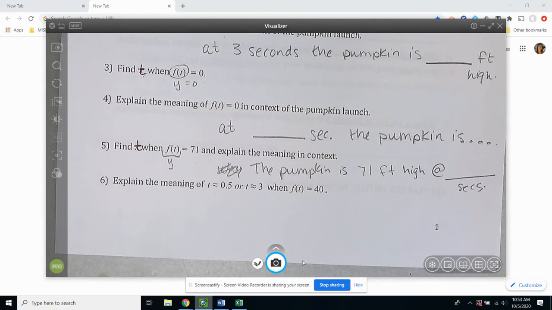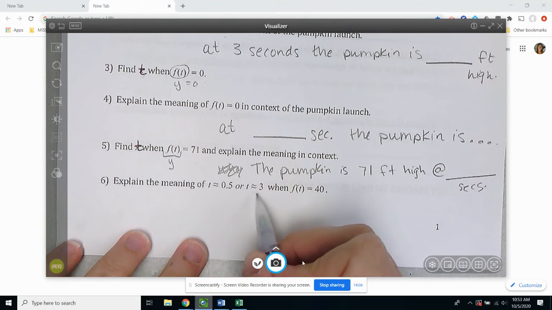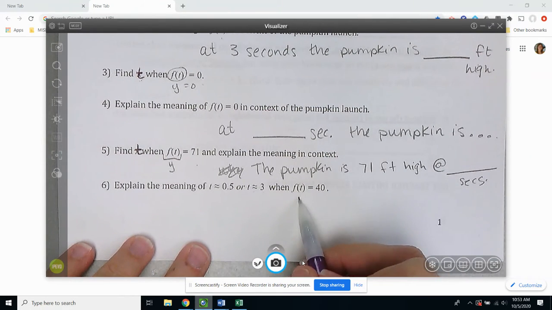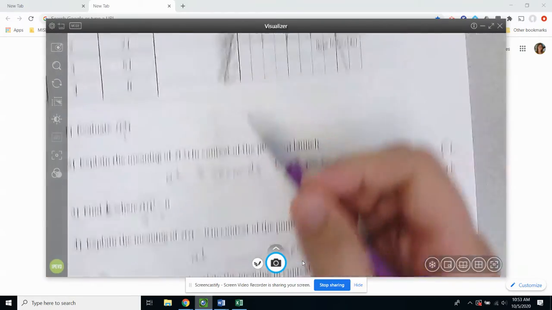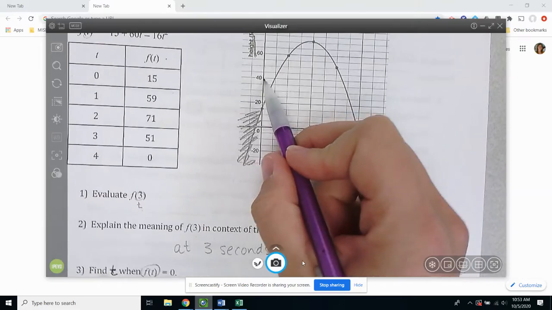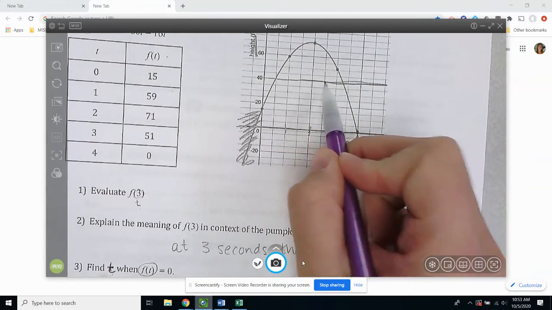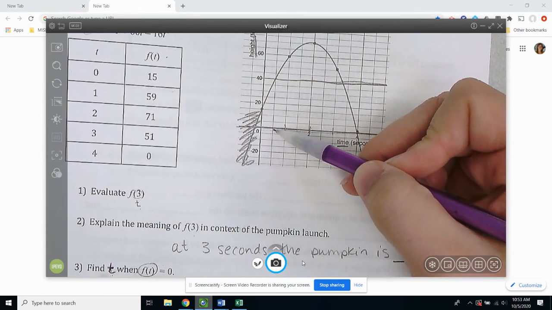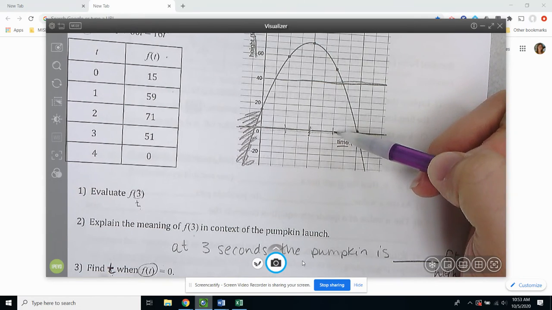Okay, and then the last one says explain the meaning of t is about 0.5 or t is about 3. This just means about. It's not quite equal. When f of t is 40. So this is your y value. So you go up to 40. So here's 40. And then if you go across, this is about a half a second, and this is at about 3.